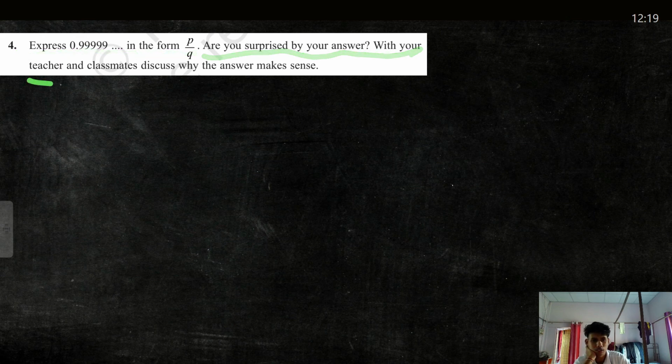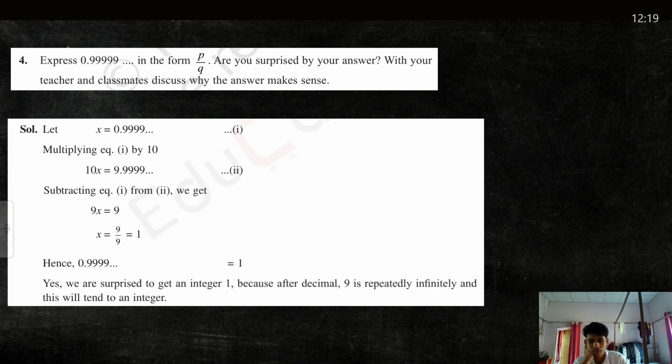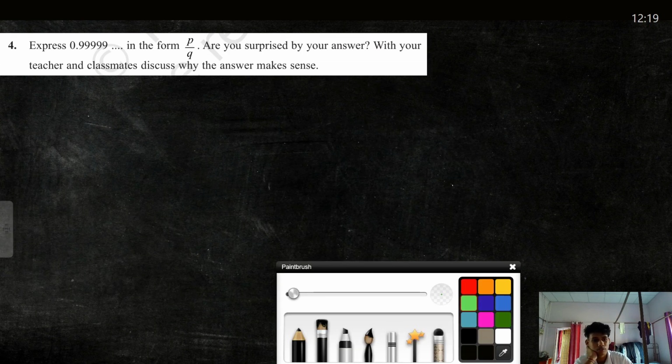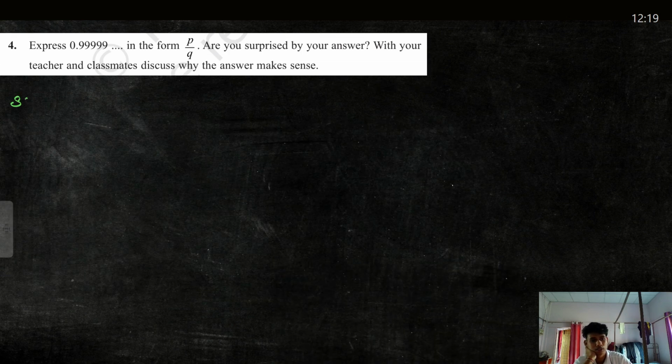With your teacher and classmates, discuss why the answer makes sense. Okay, now let's solve this. Solution. Let x equal 0.99999 dot dot dot. Let it be equation 1.